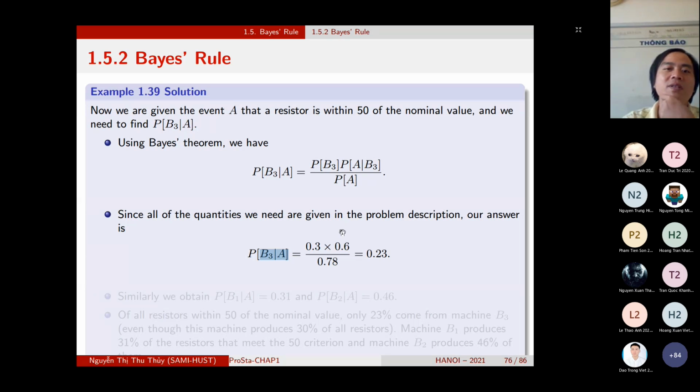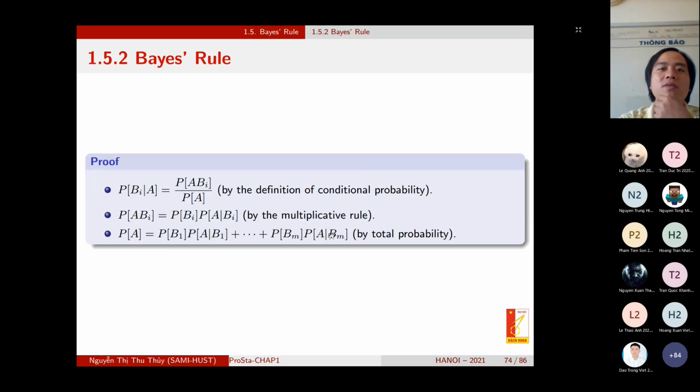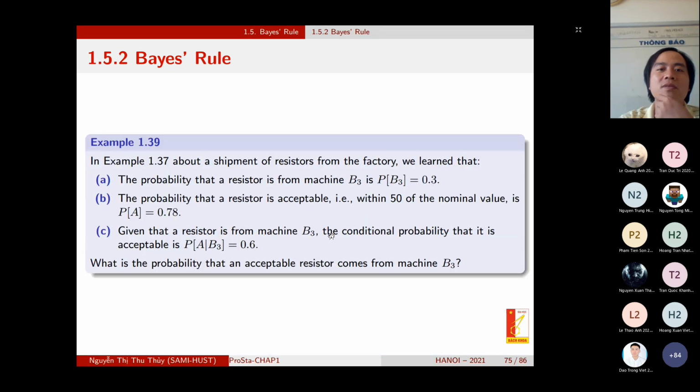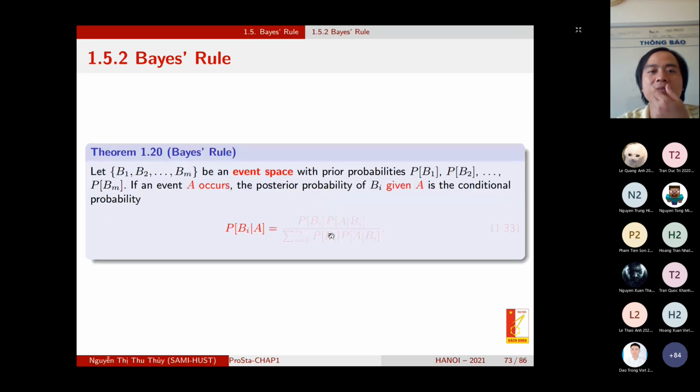Because now it's not a random resistor, it's an acceptable resistor. If it is acceptable, it passed the test, so it is more likely to come from the machine that produces better quality.